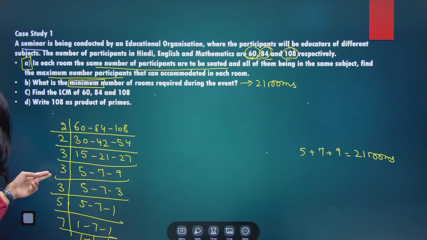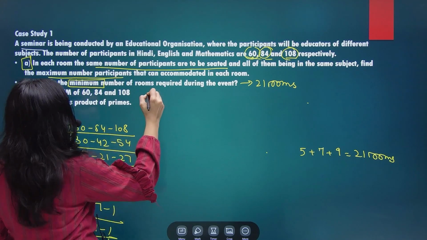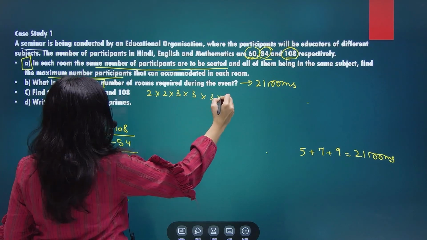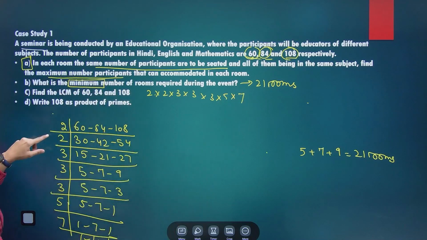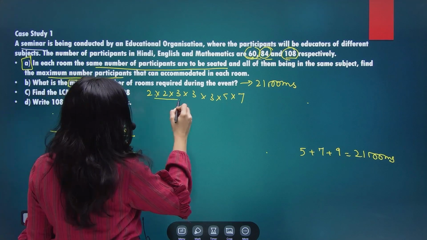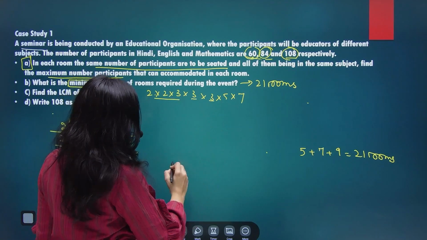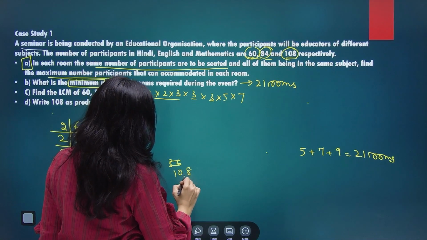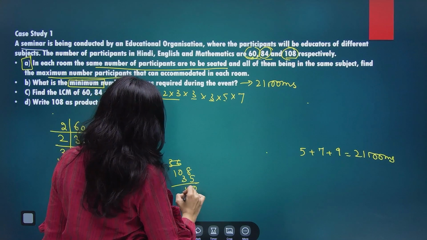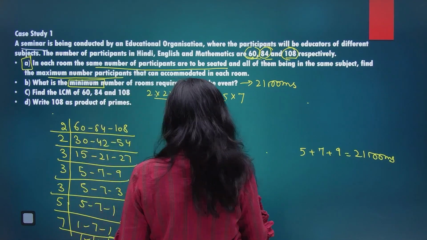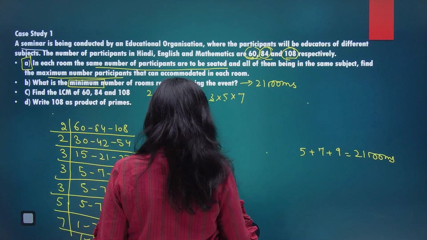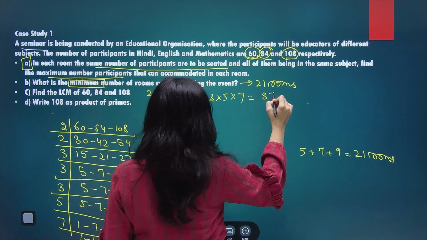So the LCM is going to be 2 into 2 into 3 into 3 into 3 into 5 into 7. 12 into 3, 36 into 3, 108. 108 into 5. So you find it out on your own, do the calculations, and you will get the answer.